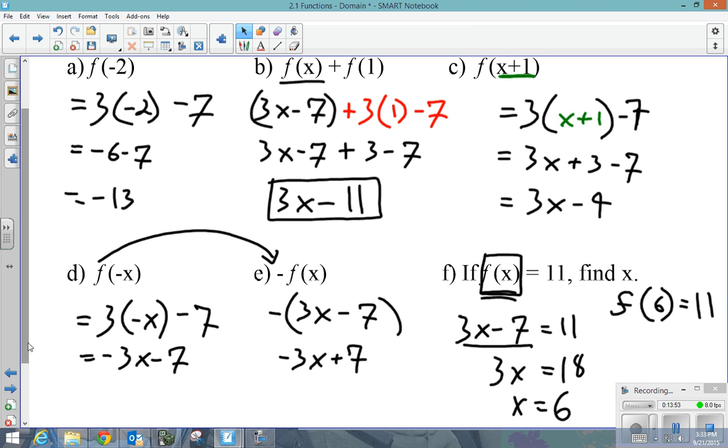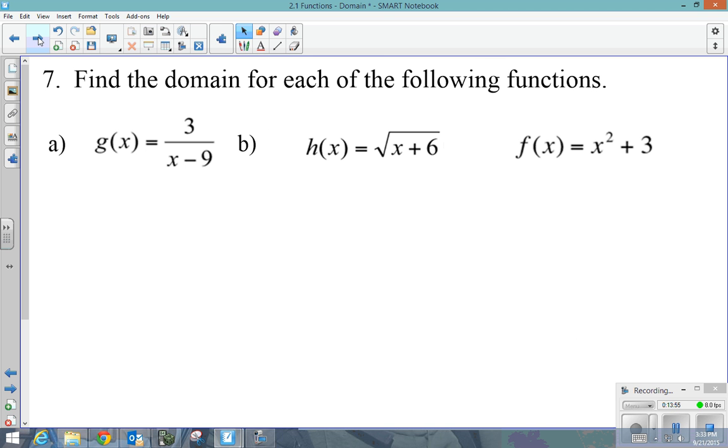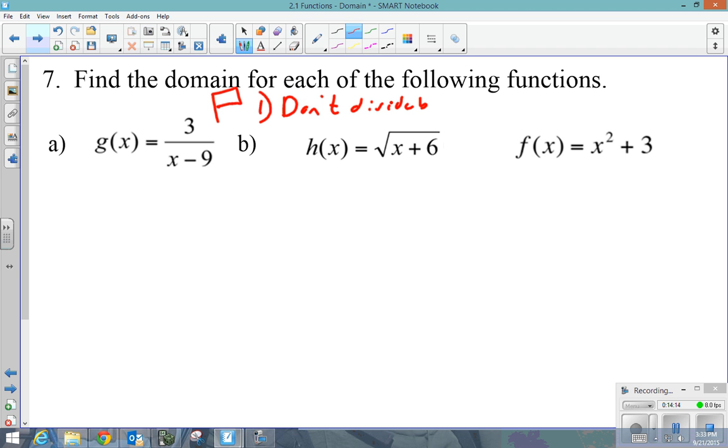All right. So last piece here. Find the domain for each of the following functions. So big thing with domain are big red flags that come up where we have issues. So red flag number 1. Don't divide by 0.